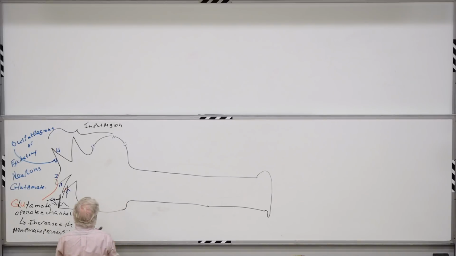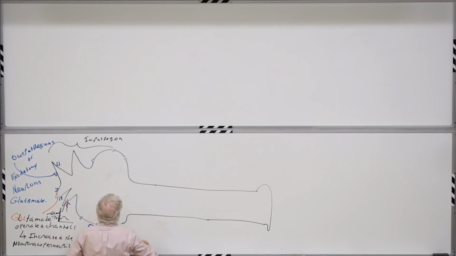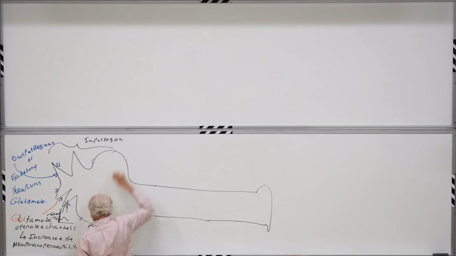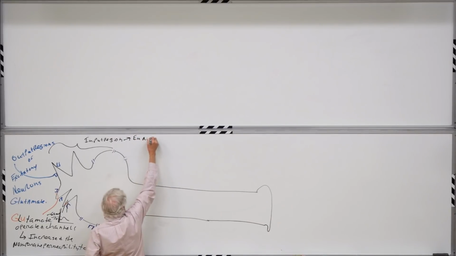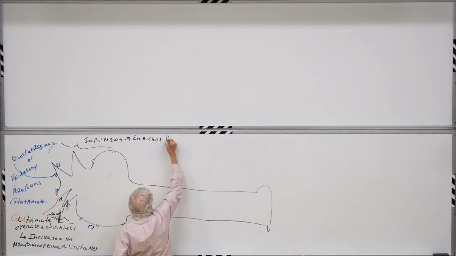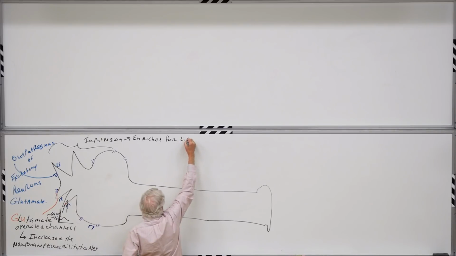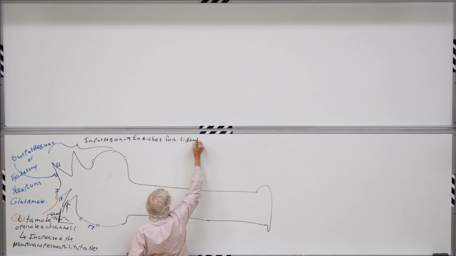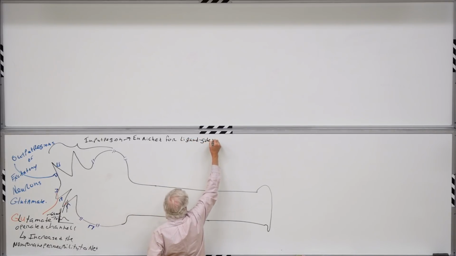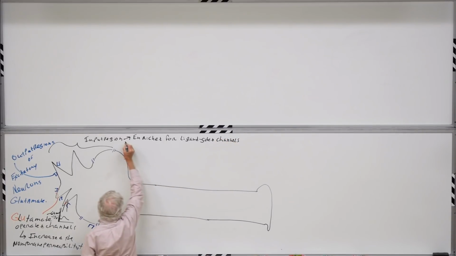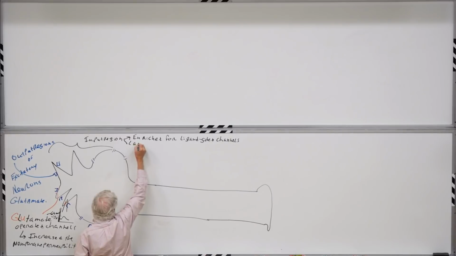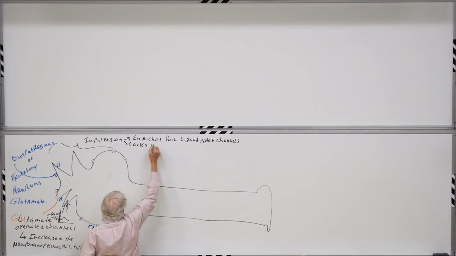Because remember, the other characteristics of the input region is that it's enriched for ligand-gated channels, and it largely lacks voltage-gated channels.